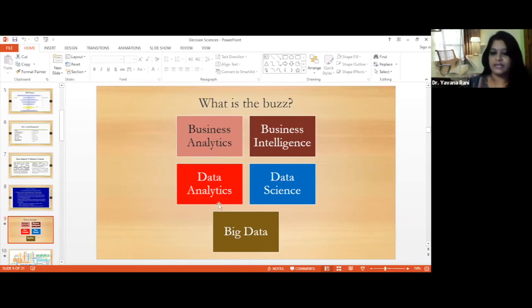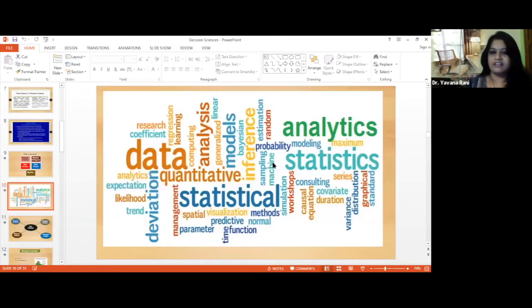These are all the buzzwords now, and you can see the world is full of them. You have heard about trend analysis, quantitative statistical analysis, predictive analysis, visualization techniques, and simulation. Then what else?